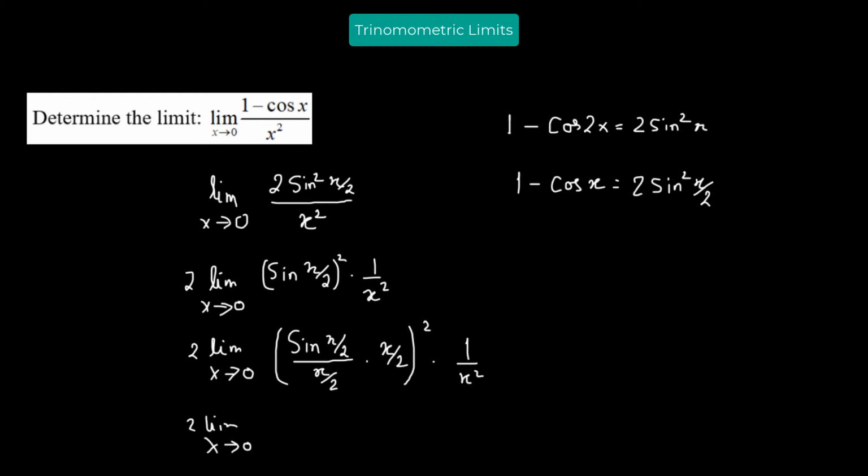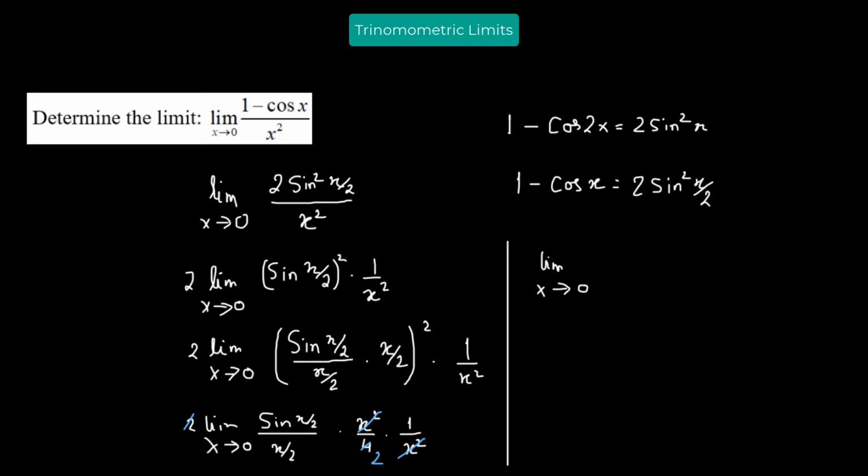which gives us 2 times the limit x tending to 0 sine x over 2 divided by x over 2 times x squared over 4 times 1 over x squared. So we have x squared in the numerator and the denominator, so that will get cancelled out, and 2 times 2 is going to be equal to 4. That leaves us with limit x tending to 0.